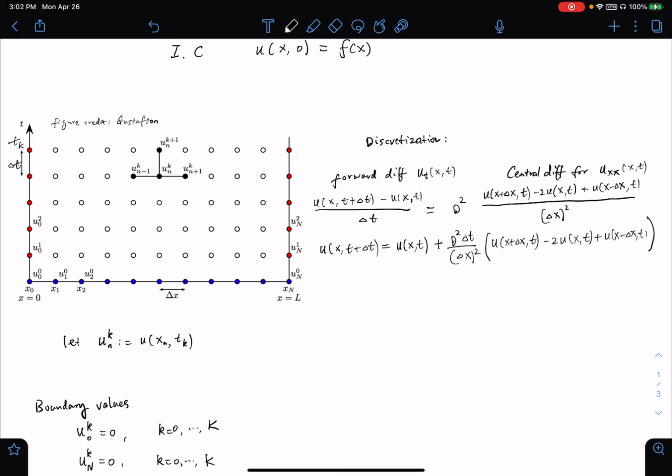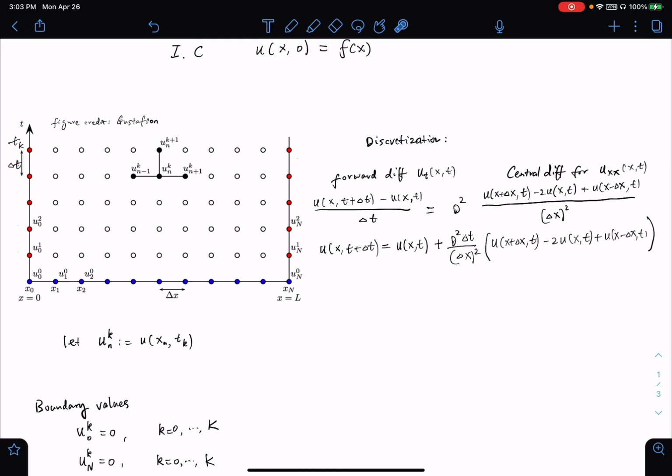Now we have the relation between u at time step t plus delta t and u values at the previous time step. The locations may be different, but these are all values from a particular time t.